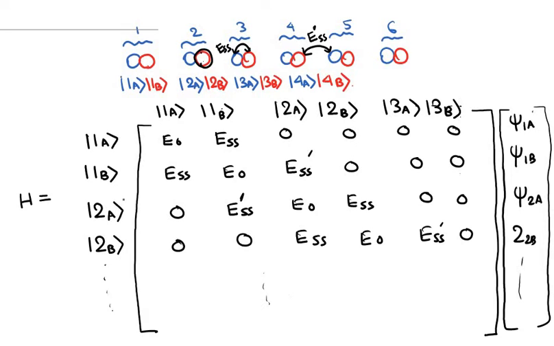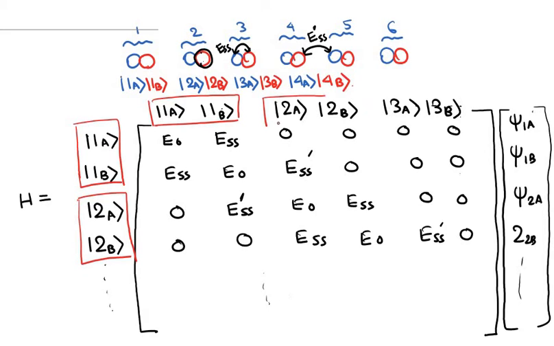Now I define this unit cell: 2a is my unit cell, 2a 2b is one unit cell, 1a 1b is another unit cell. Here also 1a 1b is one unit cell, and 2a 2b is one unit cell. So this I call the first unit cell, and this is the second unit cell, and this is also the first unit cell, this is the second unit cell.